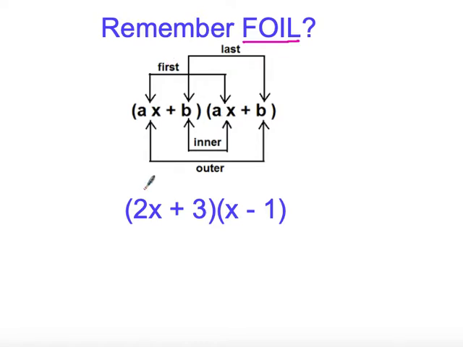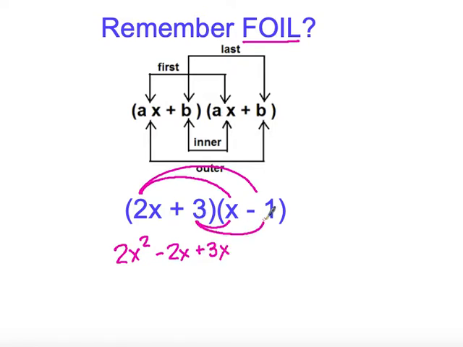So we would multiply the first terms in both binomials together. That would give us 2x squared. Then we would do the outer terms. 2x times negative 1 gave us a negative 2x. We would do the inner terms, which would give me positive 3x, and then we would do the last terms, which would give me a negative 3.